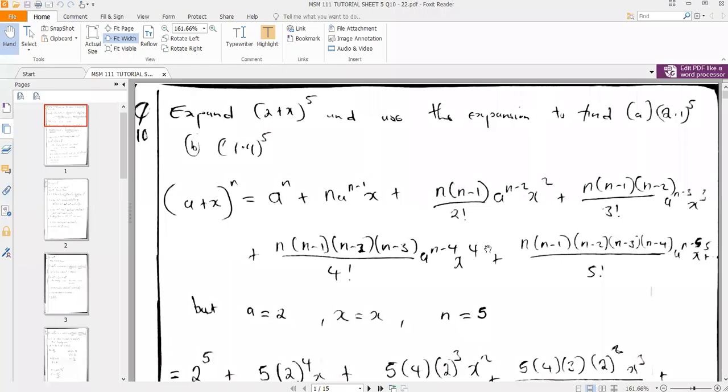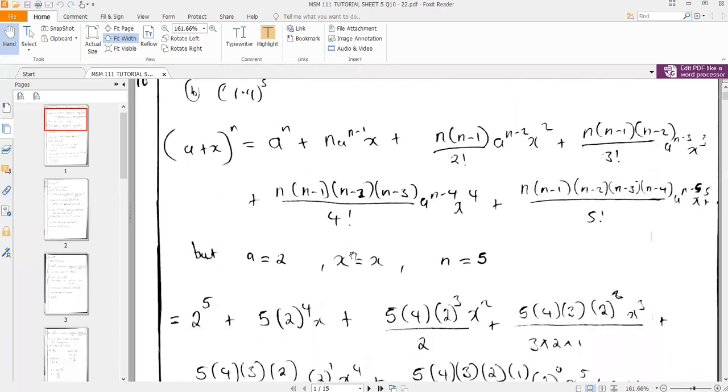Then you start plugging in. When you are substituting in the expansion using the binomial theorem, you know that our a is 2, and we say 2 to our n, which is 5, so 2 to the power 5.